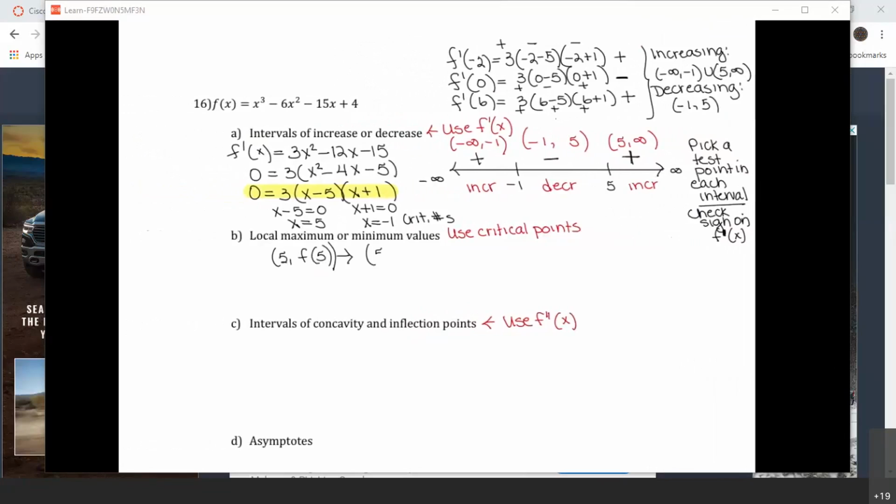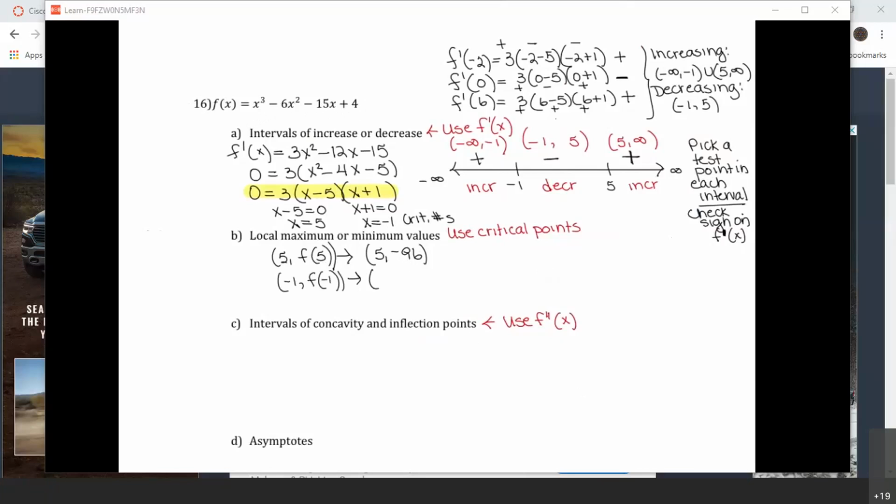So I know my y value, which comes from the function, is -96. How did I get that? I went back here and plugged in 5 for x, and it came out to be -96. And then the other one is -1, f of -1.